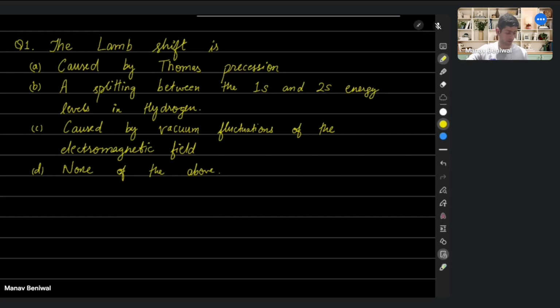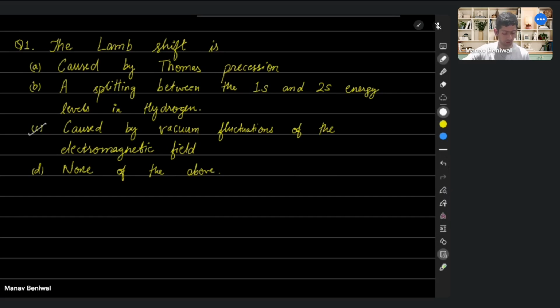Option C says that the Lamb shift is caused by vacuum fluctuations of the electromagnetic field. Now, if you remember from the lectures, this was taught in the class that the correct cause of Lamb shift is the vacuum fluctuations of the electromagnetic field. So this option is correct.